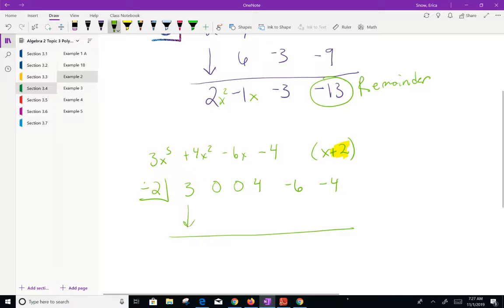And so we bring down our first term. That's -6. That's 12. It's -24. Makes that -20. +40 gives us -34, or +34.